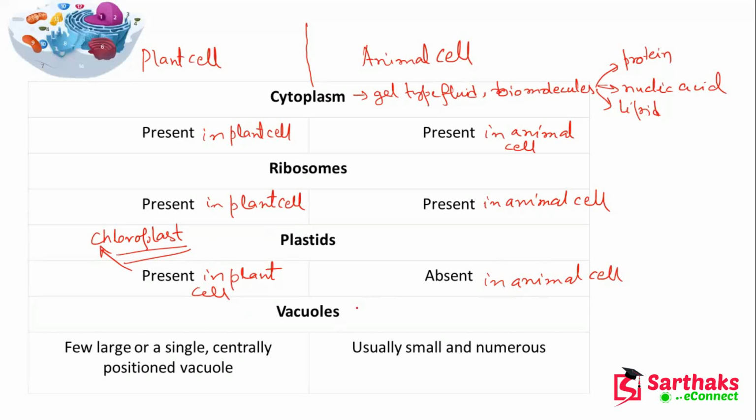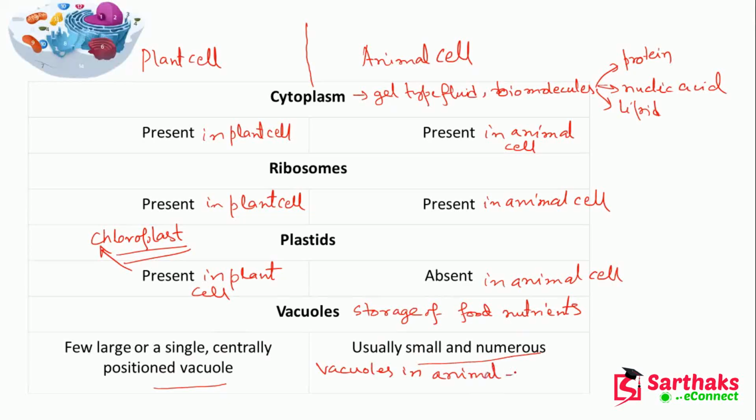Now the vacuoles. Vacuoles are the storage of food or nutrients. Here, in the plant cell, there are a few large or a single centrally positioned vacuole, and in the animal cell, there are small and numerous vacuoles.